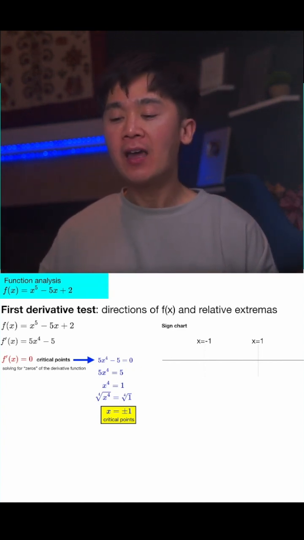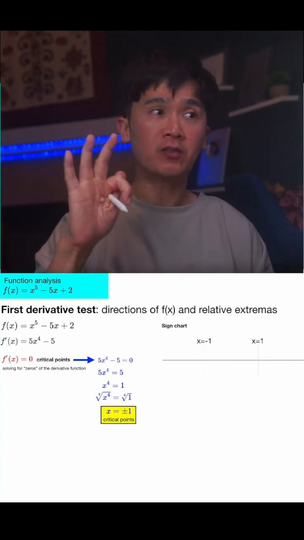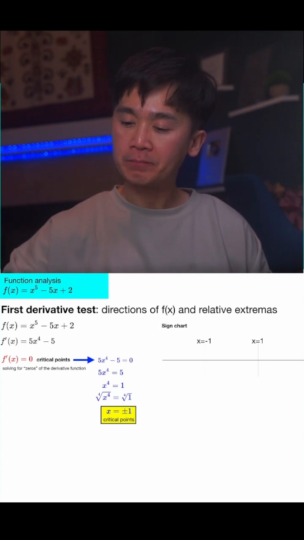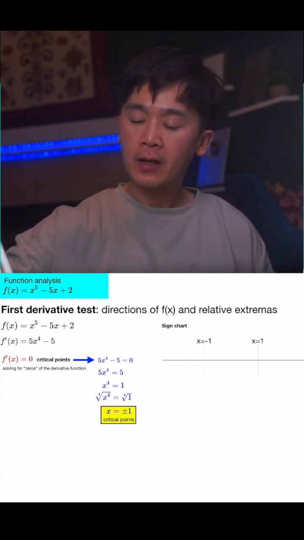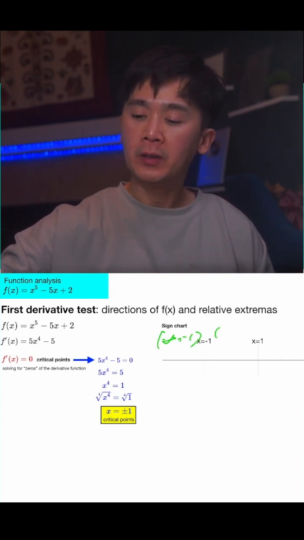In this case, all we need to do is create our intervals, and we have three intervals right here. We have negative infinity to negative 1, the interval between negative 1 and 1, and the interval between 1 and positive infinity.